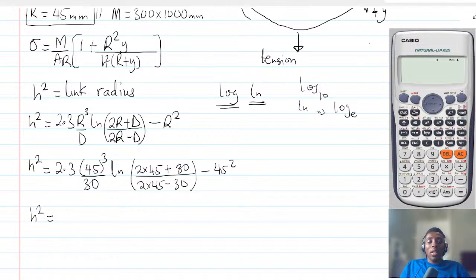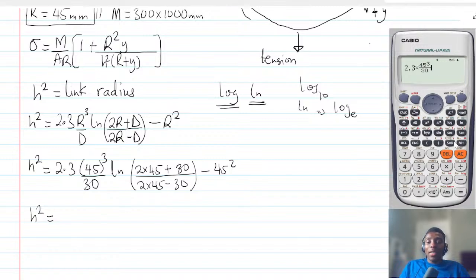So we are going to get 2.3 multiplied by the fraction 45 cubed, then we divide by 30.